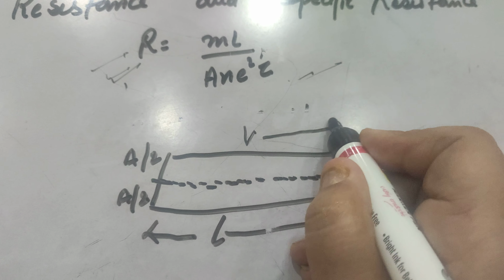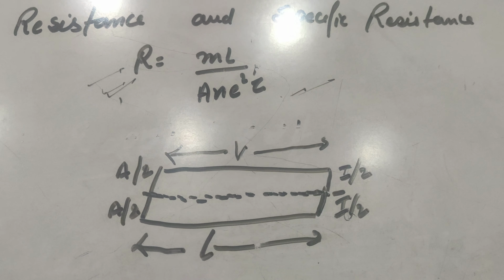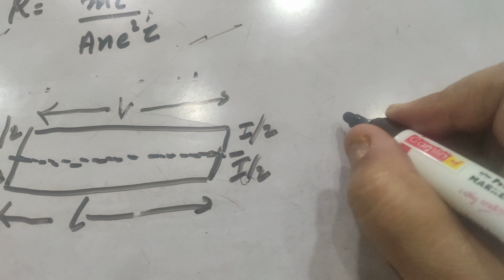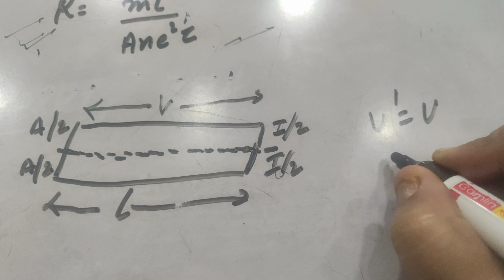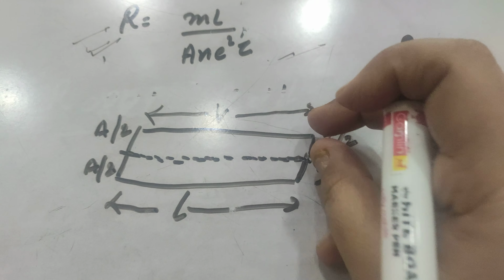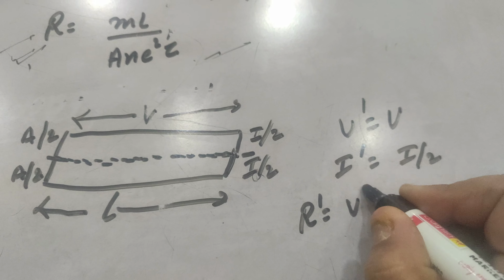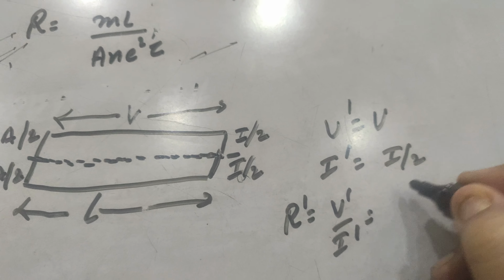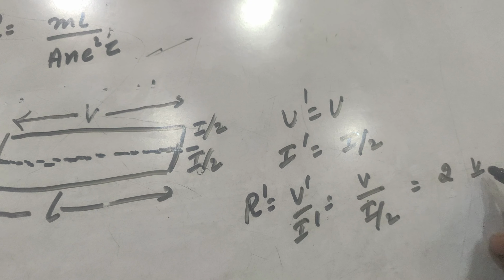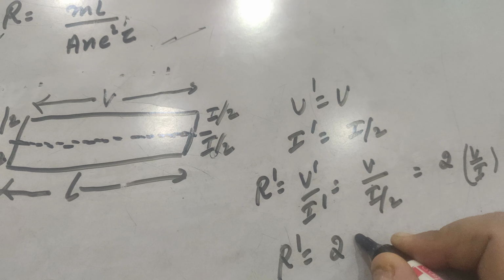Potential will remain the same because the length across which we have applied the potential remains the same. So the new potential is equal to V, but the new current will become I by 2 for the single area A by 2. In this case, R dash is equal to V dash by I dash, where V dash is V and I dash is I by 2, that is equal to 2V by I, or we can say R dash is equal to 2R.